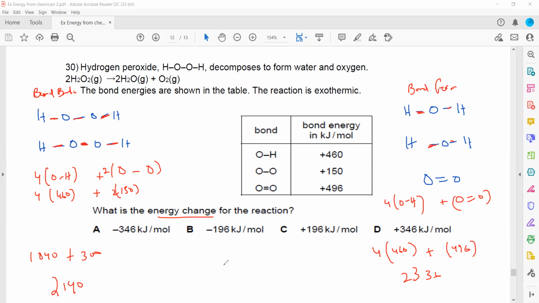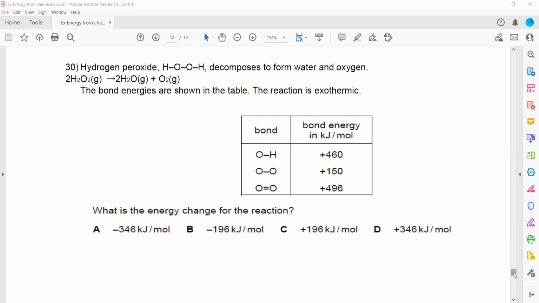So the answer will be negative. The energy change is minus 196 kilojoule per mole. And as they mentioned, exothermic, so C and D cannot be the answer because they are positive, so it can be A or B. So that's why, when we calculate, B is the right answer.